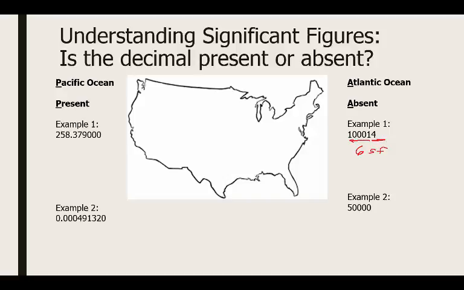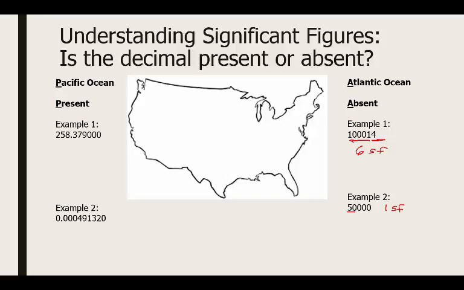So our first non-zero number beginning from the far right-hand side is the number 5. Therefore, the number 5 is our only significant number in example number 2. So we have one significant figure in the number 50,000.